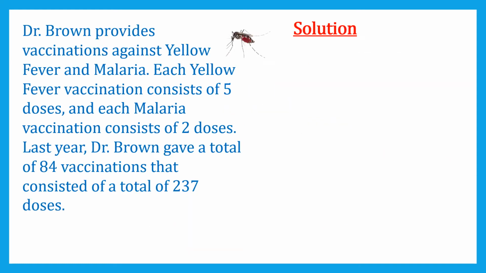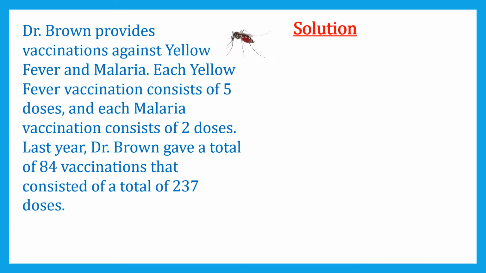Solution. Dr. Brown provides vaccination against yellow fever and malaria. Each yellow fever vaccination consists of 5 doses, and each malaria vaccination consists of 2 doses. Last year, Dr. Brown gave a total of 84 vaccinations that consist of a total of 237 doses.